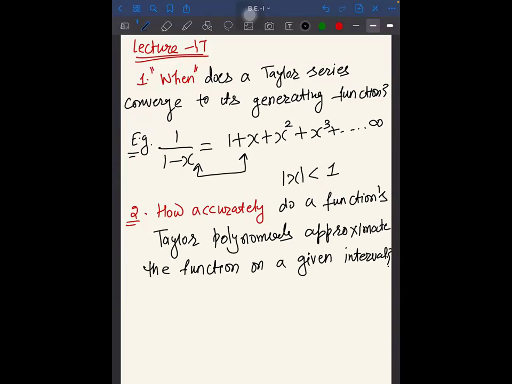Can you explain this question as well? What does that really mean?